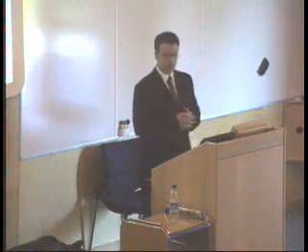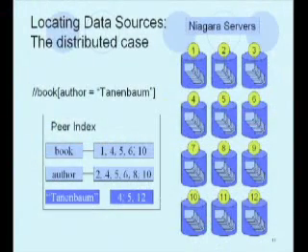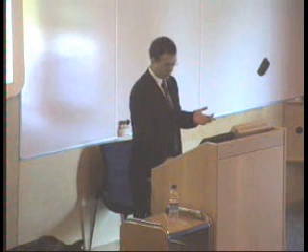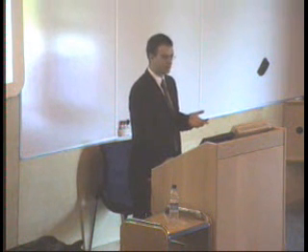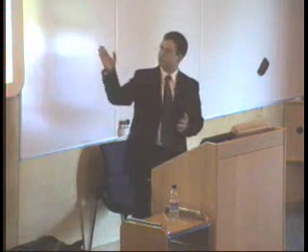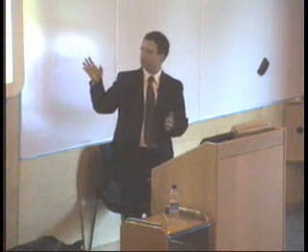When I started my thesis, I extended this approach to the distributed case and introduced the peer index, which is basically a list which maps element names and attribute names to a list of nodes that have those attributes and element names in their data. So each node maintains a peer index.